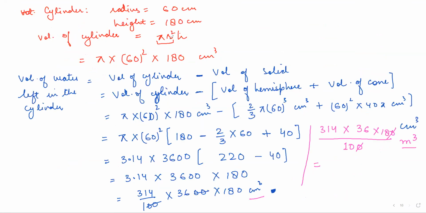Now cylinder is pi r square h. So that is 60 square into pi into 180, that is also right. Now the volume of cylinder minus the volume of hemisphere and cone, this is also right.